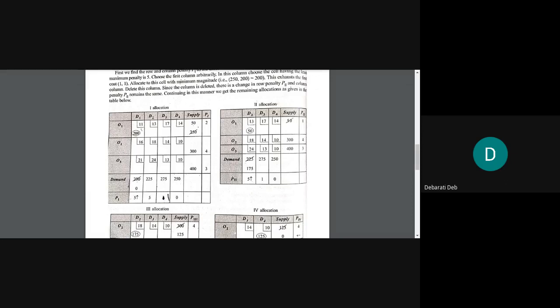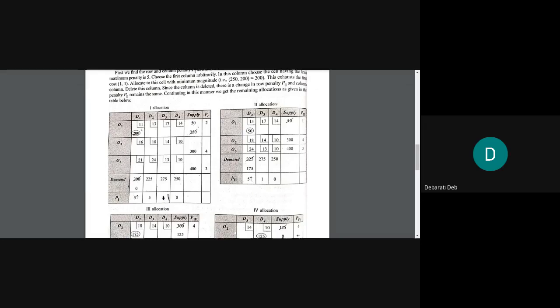Okay. Similarly, what will we write in the O3 row? What will you write in the O3 row's difference? These P1s are the difference between the lowest and the second lowest cost in that particular row or in that particular column. For both the sides, we will have to do it. You are writing P1 in both the sides.